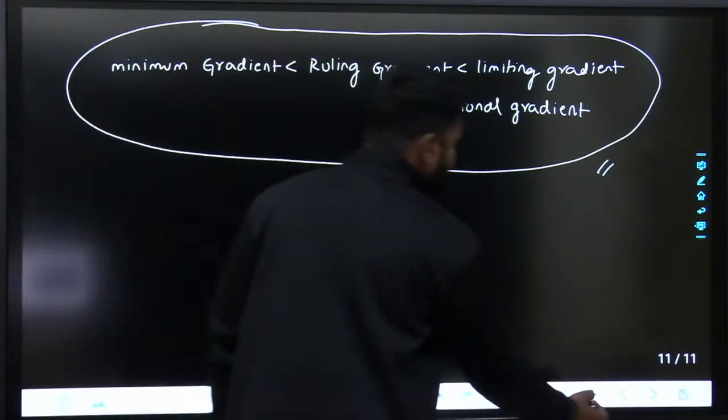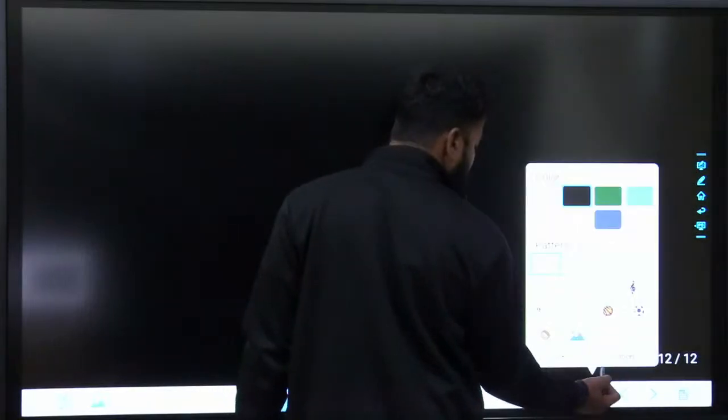Fine. So this is the gradient. Now if you want to remember, you can remember this table of gradients.